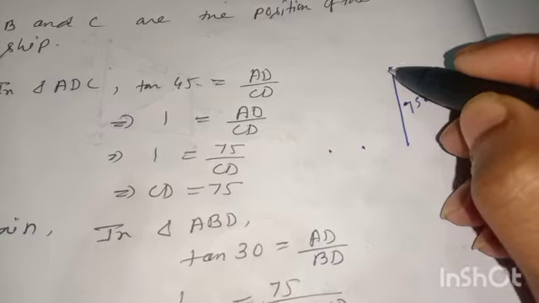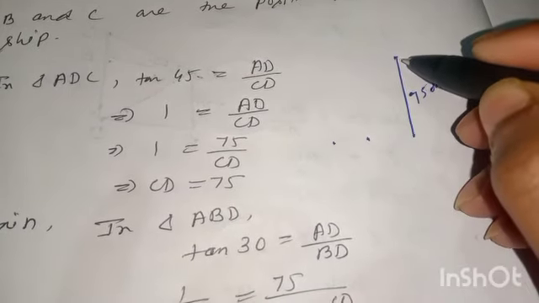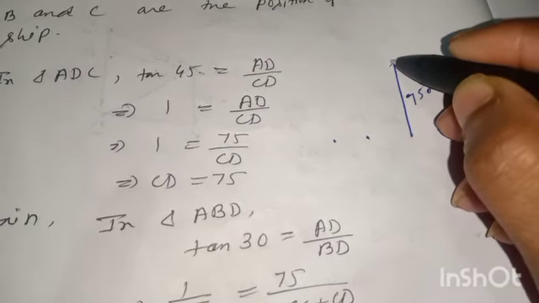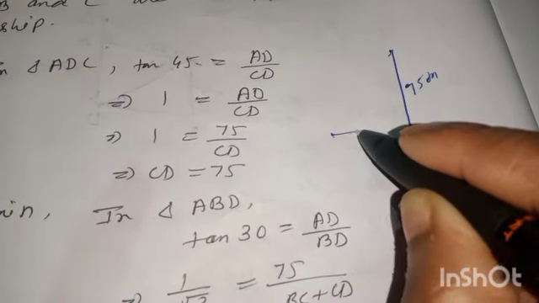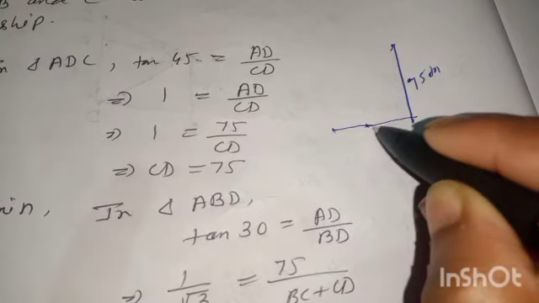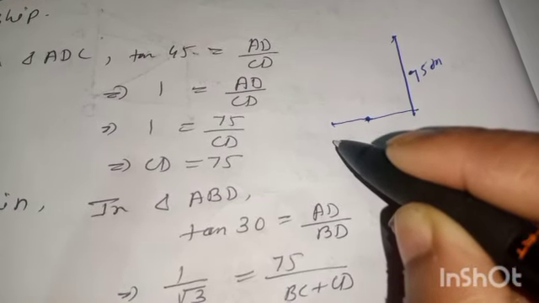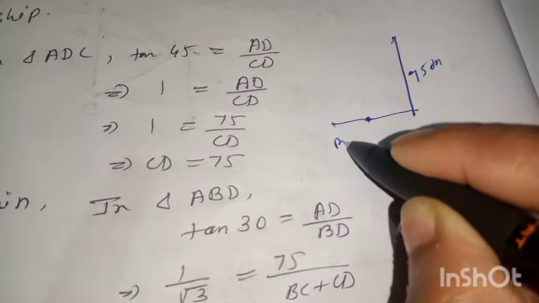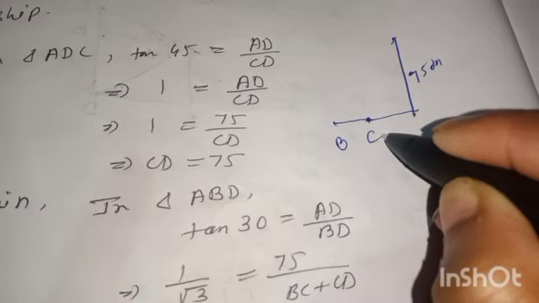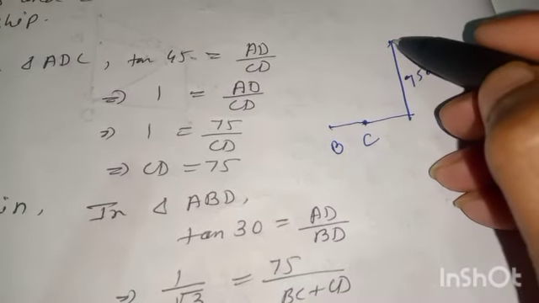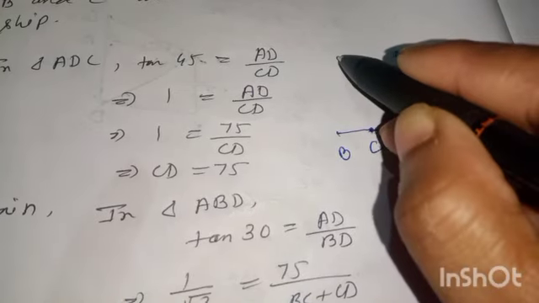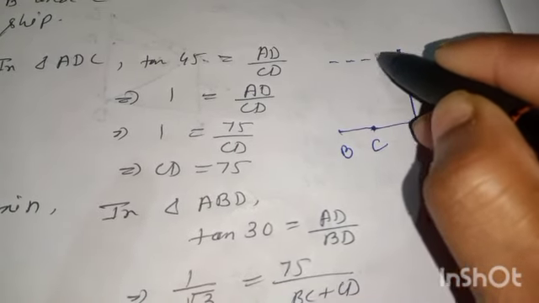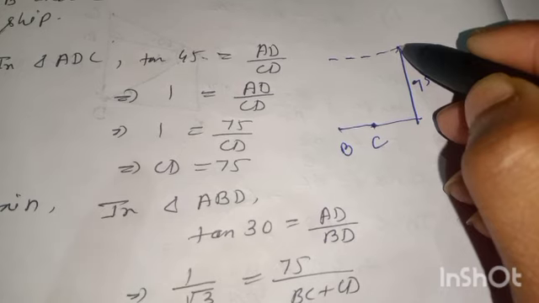Then the angle of depression. If this is the sea level, it will become the ground level here. These are the two ships. Suppose the positions of the ships are B and C, clear? And for the angle of depression, you need the horizontal level, this one, and this line.